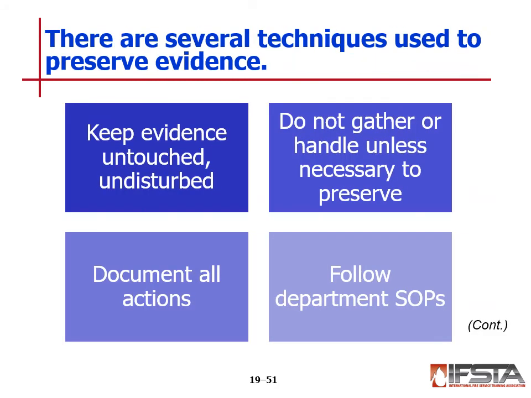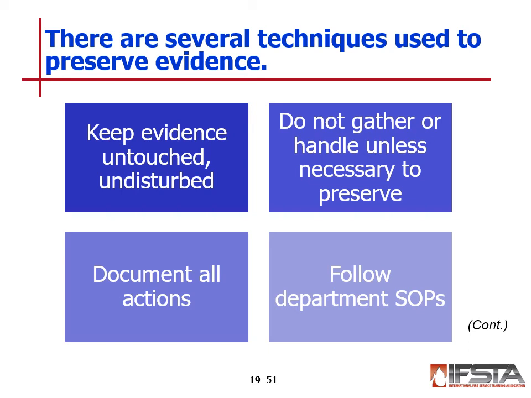So, several techniques to preserving evidence. Number one, keep evidence untouched and undisturbed. It's very important that the fire investigator sees the evidence in the condition that it was found. So if you see something that you think is evidence, you don't want to pick it up. Don't gather or handle unless necessary to preserve.